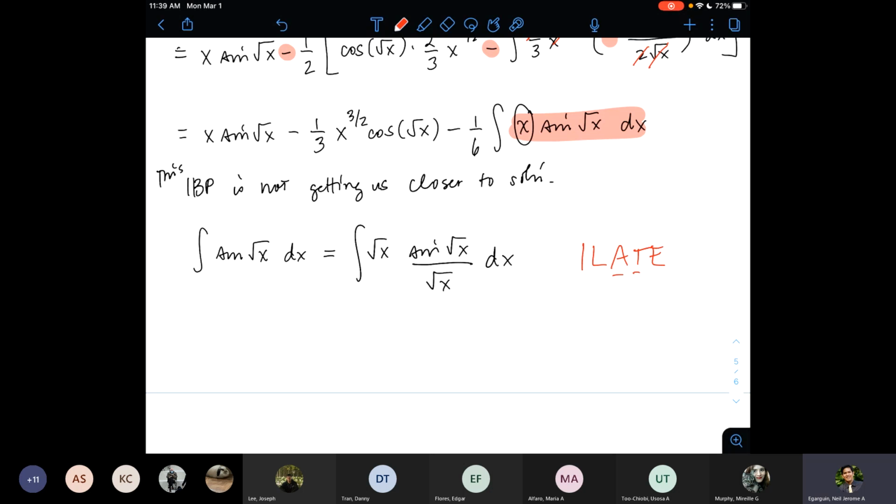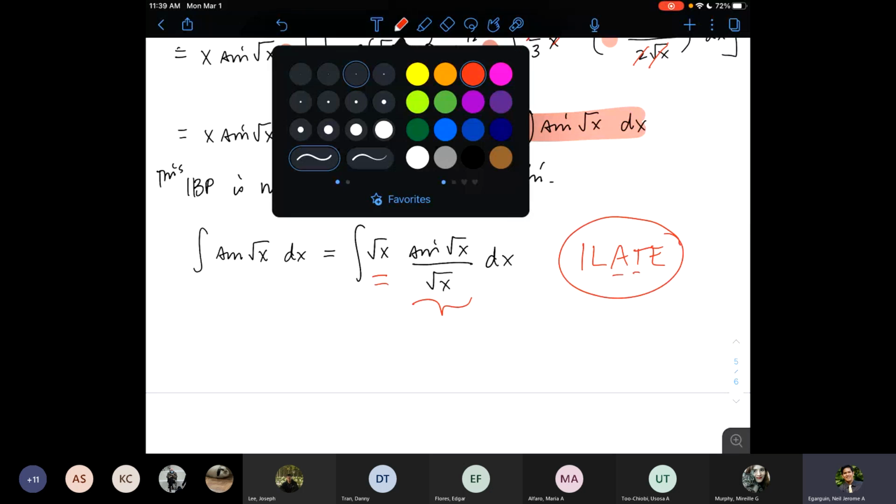So another trick here is to introduce a root x on top and a root x in the bottom, so that I can probably take this algebraic function as my u and this trigonometric function as my dv, in order for isolate to hold. Because remember, we discounted isolate from our solution above.